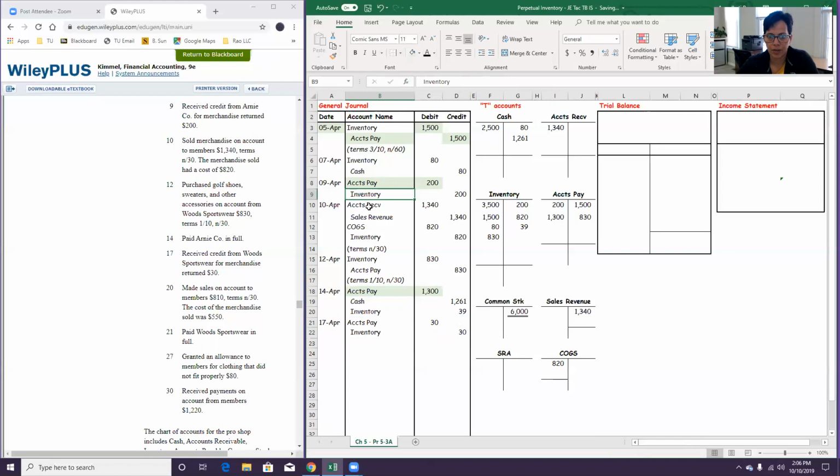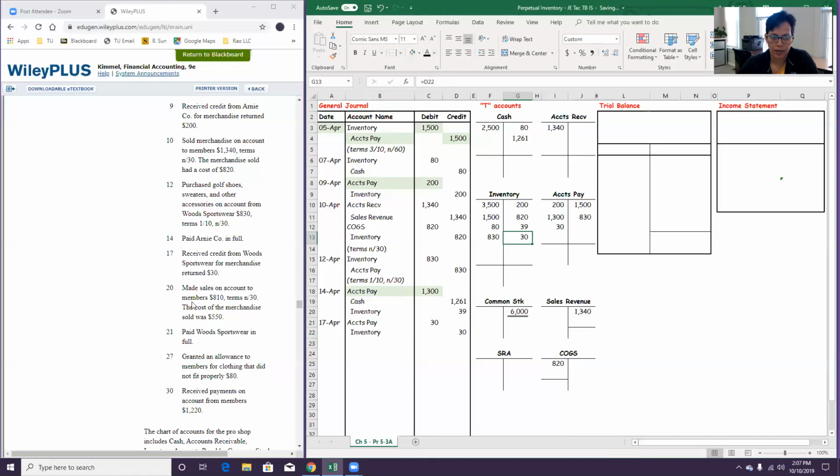Accounts payable debit, inventory credit, the same thing over here. I made a return of $30. Of this 830 that I purchased, I returned $30 worth of merchandise and I got credit for that. So accounts payable debit, $30. Inventory credit, $30.